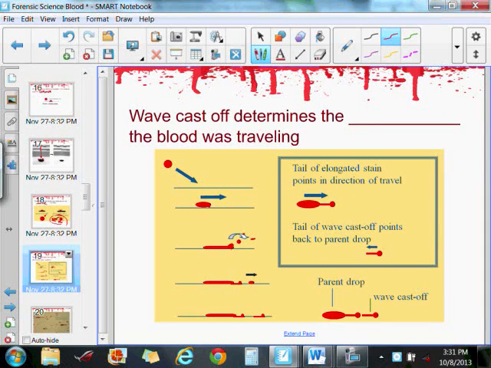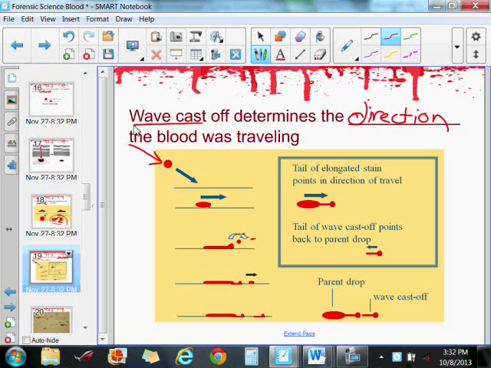Now, if the blood was not dropped directly down, but rather was traveling through the air, this is something called wave cast-off, and it can help us determine the direction that the blood was traveling in. So we have our blood droplet. It's coming in at an angle.